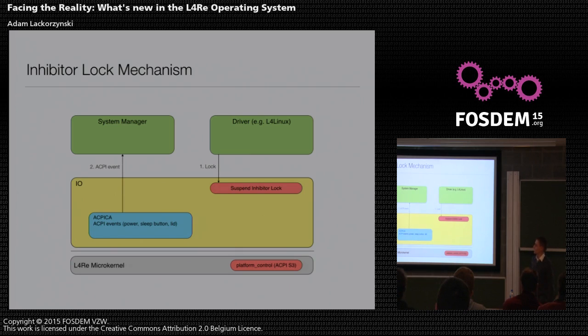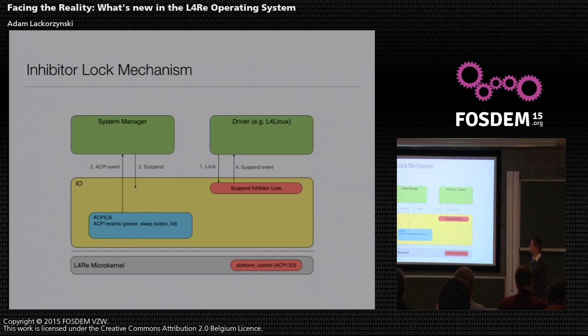During that time, an ACPI event arrives, for example the user closes the lid. There is a system manager which manages suspend and resume in the system, and this event gets sent to the system manager. The system manager says, okay, suspend, and IO, which is the central instance here, gets the suspend call. The system manager does not yet know the state of all the clients, whether they are ready to suspend or have some in-flight transactions going on.